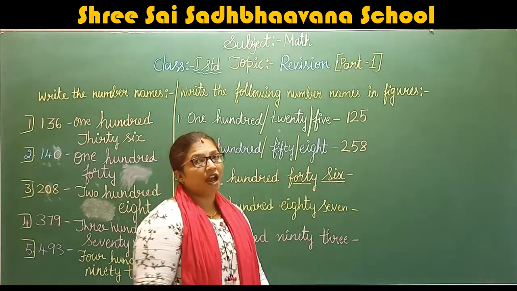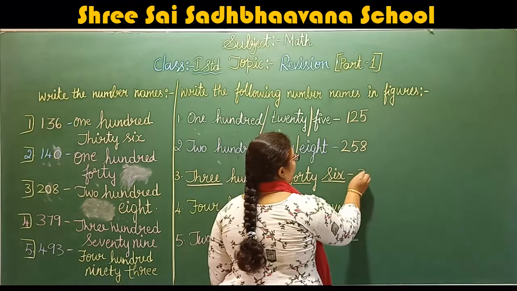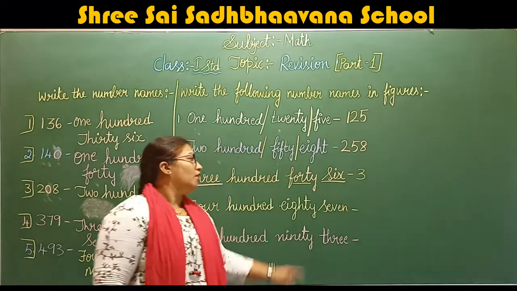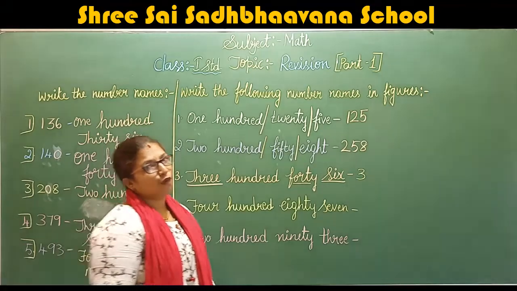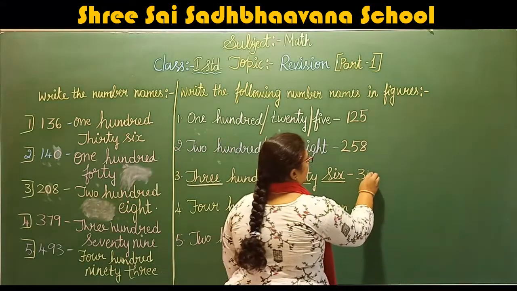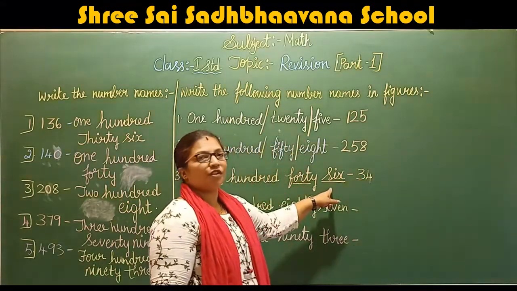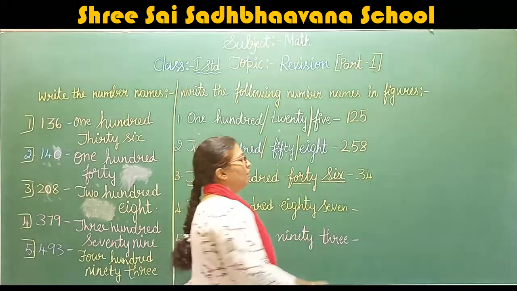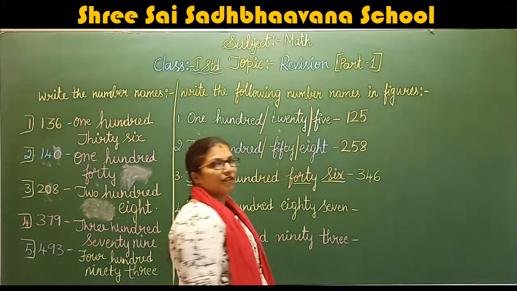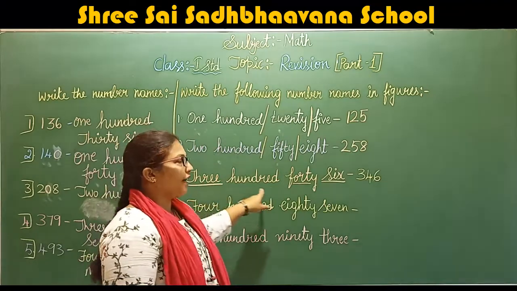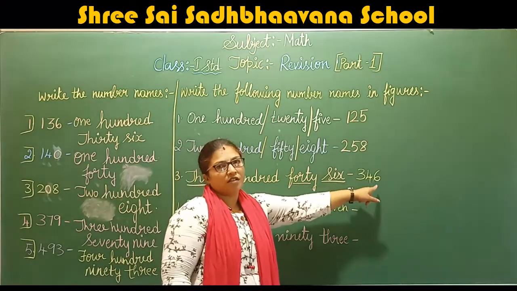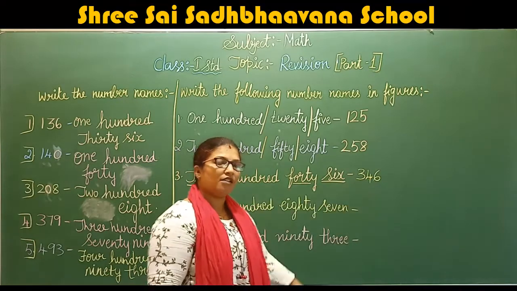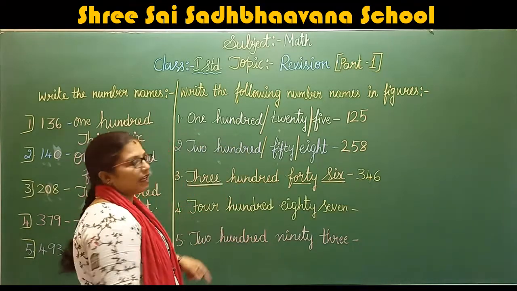So how many hundreds should you write there? 300, so 3. 40 means how many tens? 4 tens. In the ones place you have 6, so you write 6 there. 346.